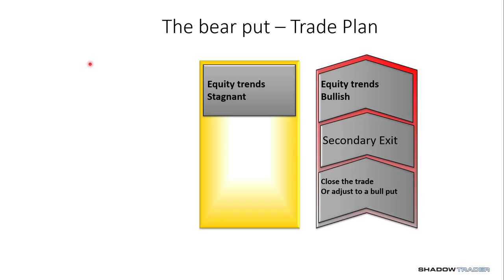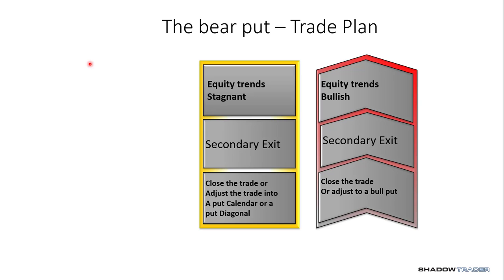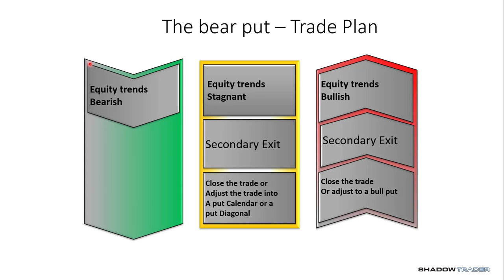How about in a stagnant trend? Well, you're still in a little bit of trouble because it's not going down. Secondary exit comes back into play. So close the trade at a net loss or adjust into a possible calendar or diagonal put situation.